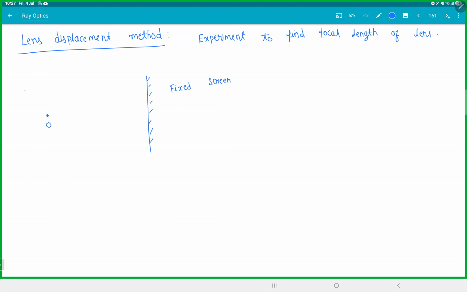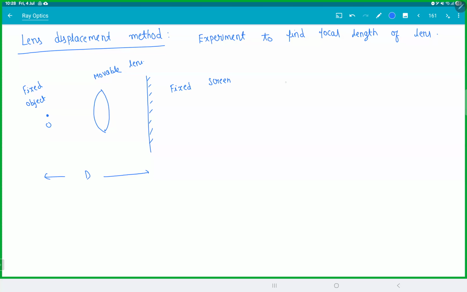Get a fixed screen, get a fixed object, and get that unknown lens in the middle. This lens is a movable lens, you can move it left and right. Capital D is the distance between the screen and the object.